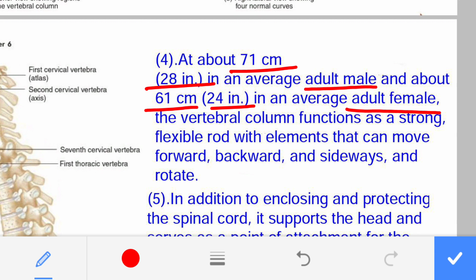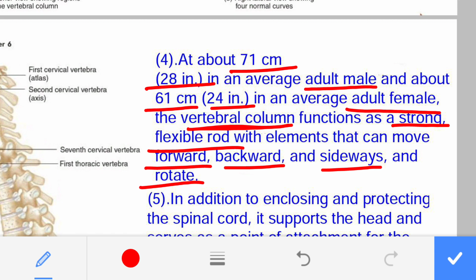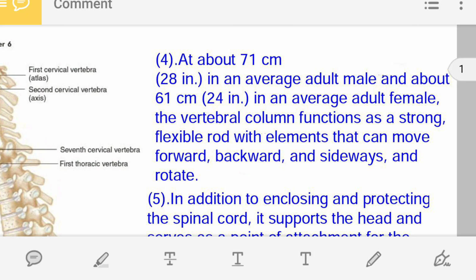This vertebral column acts like a strong flexible rod in our body, and with it we can move forward, backward, sideways, and we can rotate our body also.